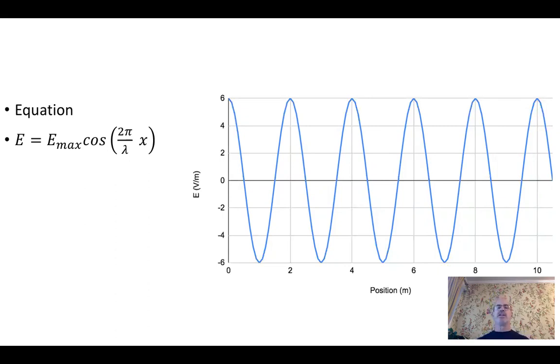I should note also that you sometimes will see equations as a function of sine, because it can be sine as well. So obviously, if you see a graph whose value at 0 is a maximum, then that's a cosine graph.